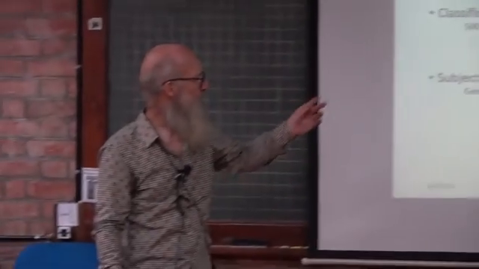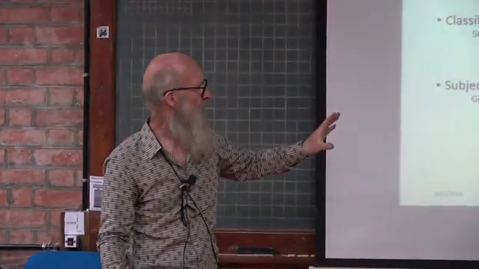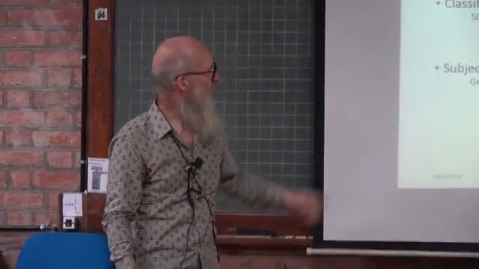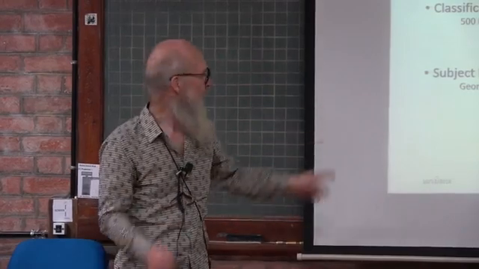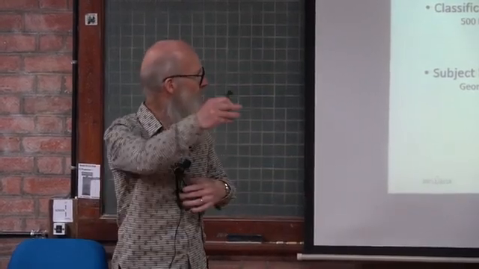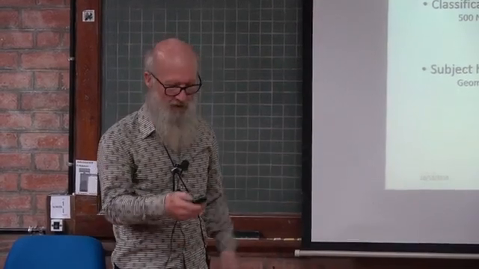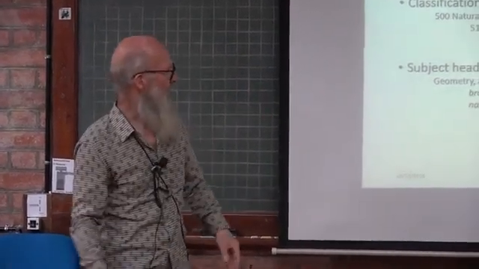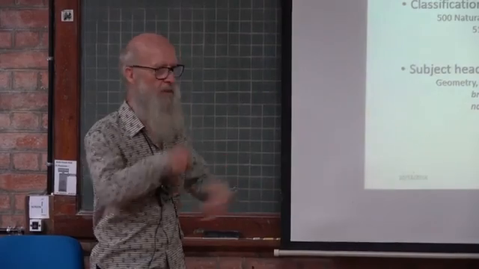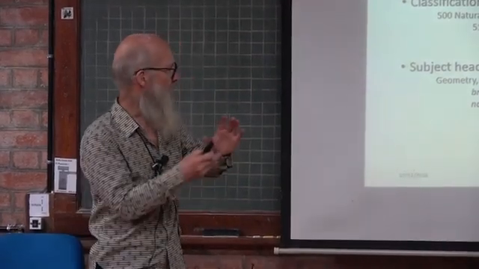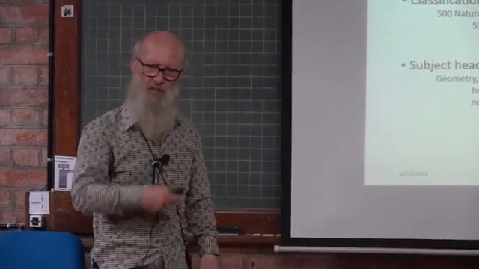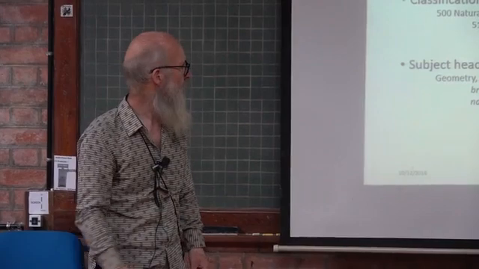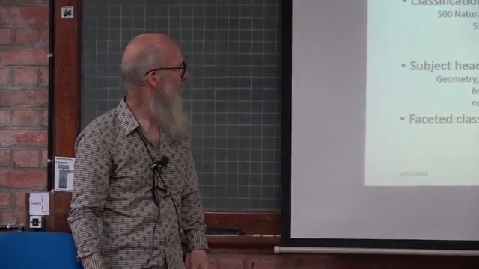That might involve some system of subject headings or a thesaurus of some kind. In that thesaurus, which is a directory to all the subject headings, you might get a heading like analytical geometry. There's a broader term which is that, and there's a narrower term which is that. You might have a list of those narrower terms for that heading, and you might be able to navigate around like that. And when you find the term that describes what you want, then you go to the index, which tells you what documents that applies to.